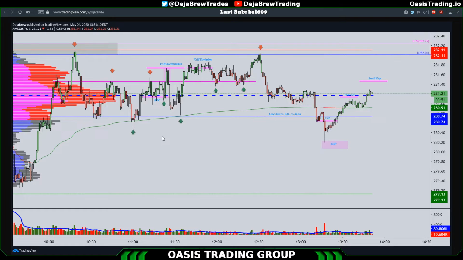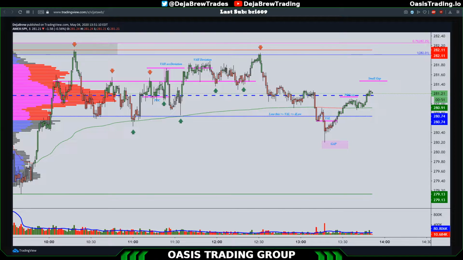What is this one? This one is the small gap that I called out here. So here's where that gap is. You see that gap right here on the left side of the volume profile? There's a tiny little gap there that lines up perfectly with the accumulation high, okay? So you see that small gap right in that accumulation high resistance.